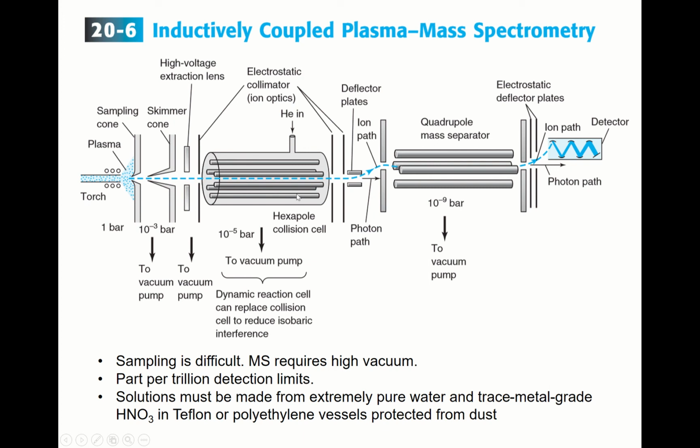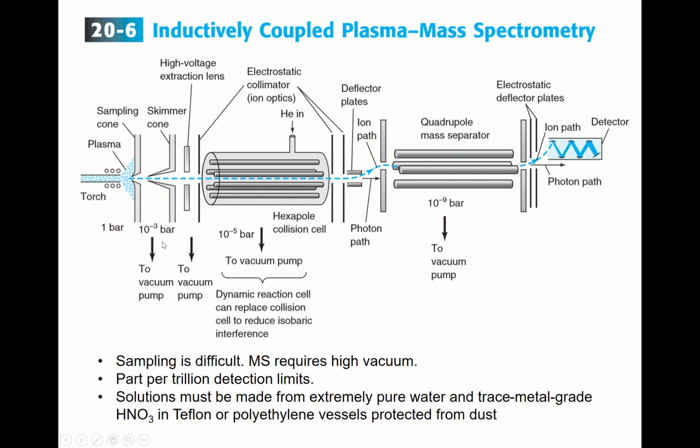With this technique, a part per trillion detection limit is possible. Here you make a vacuum in this part between the sampling cone and the skimmer cone. The vacuum pressure is 10 to the minus 3 bar. This is not a high vacuum, yeah?